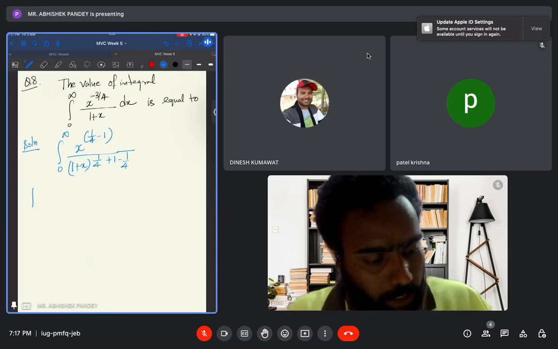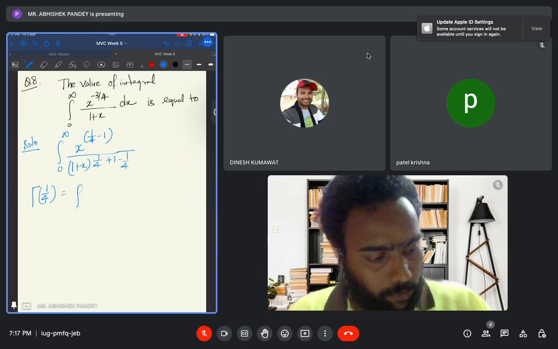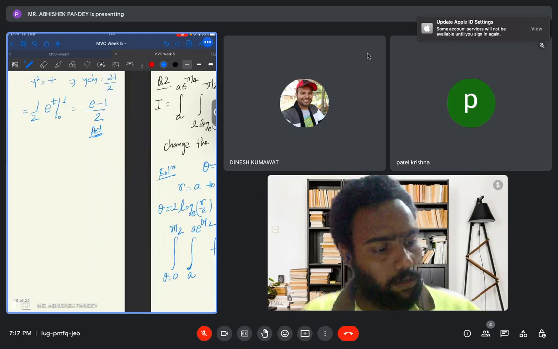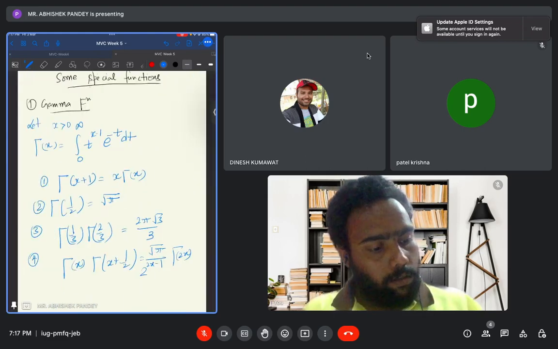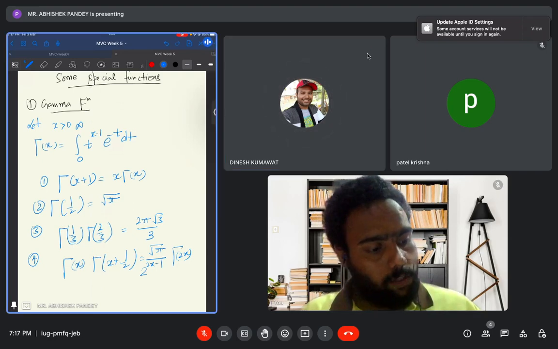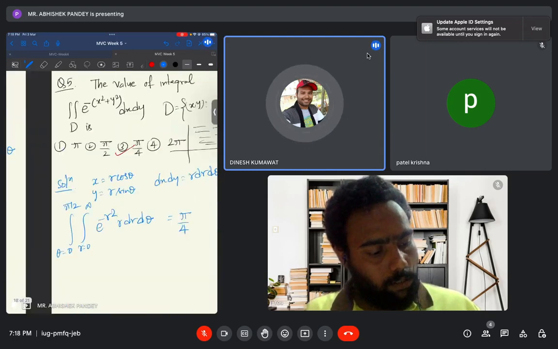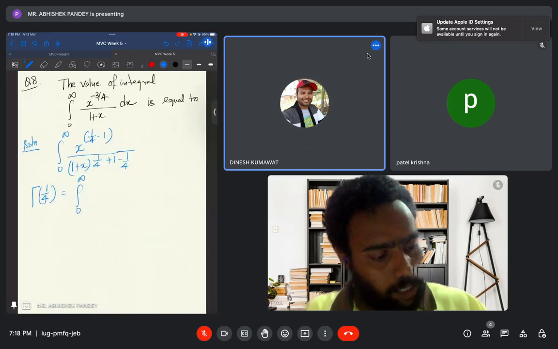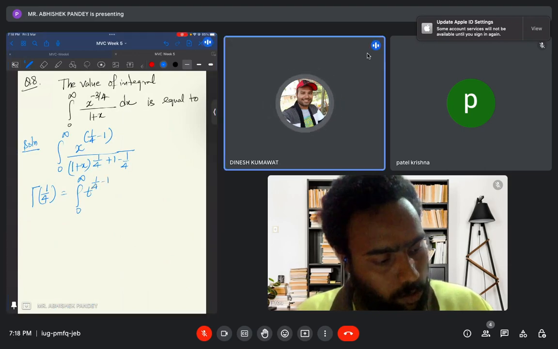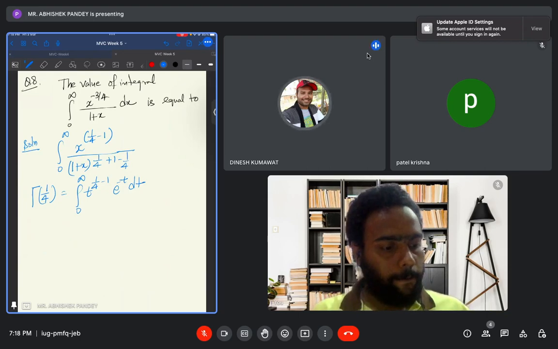So what will be the value of gamma 1 by 4? Integral 0 to infinity x to the power 1 by 4 minus 1 e to the power minus x dx.